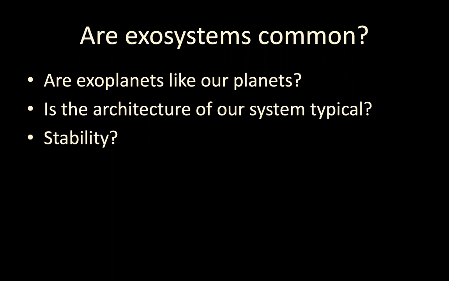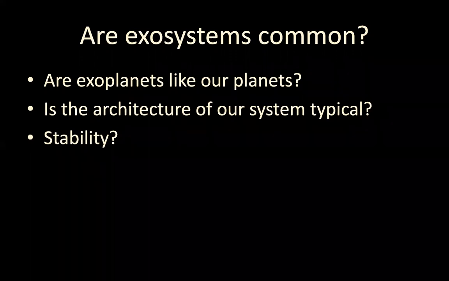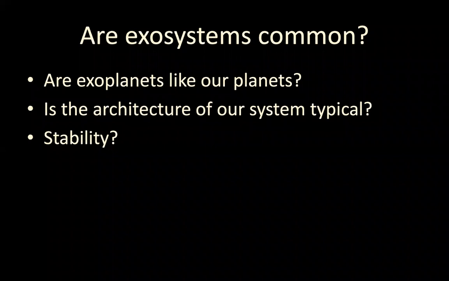And when we talk about what we could measure, we're really asking, can we measure aspects of exoplanets that show exoplanets to be like our planets, or are they very different? And is the architecture of our system typical? And by that we mean, do we find the expected kinds of planets at the expected distances? Little ones close in, big ones far out.